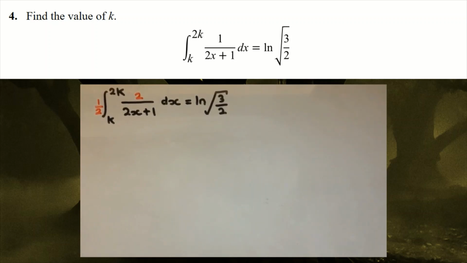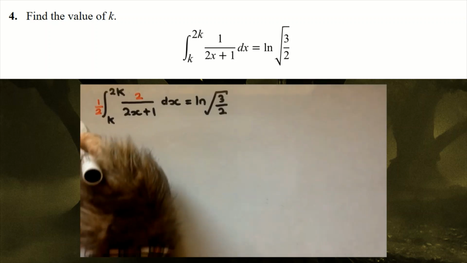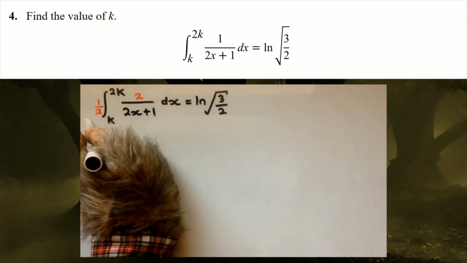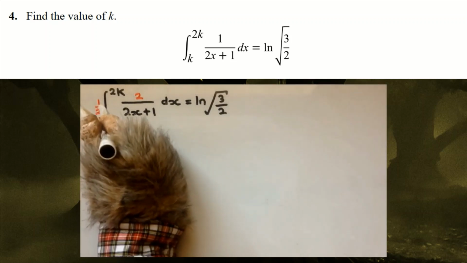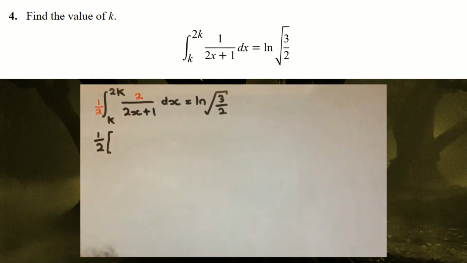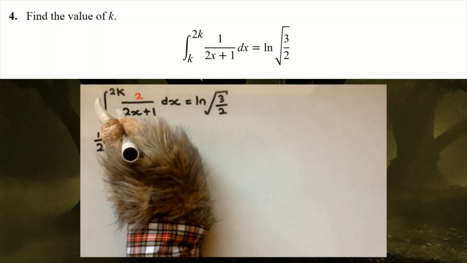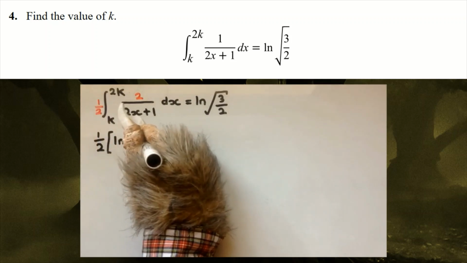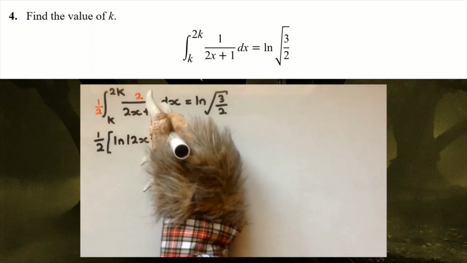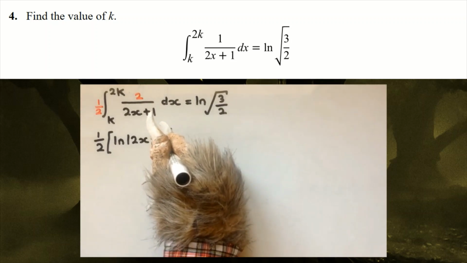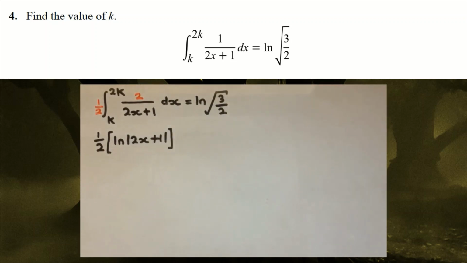We have to remember, of course, that we're multiplying the entire thing by 1/2, so I'm going to be using square brackets through most of this. So we're going to have 1/2, and we integrate this, so that's going to be the natural log of 2x plus 1, inside the modulus, of course. We'll close our square brackets, and the limits are, of course, k and 2k. So we'll put those in.